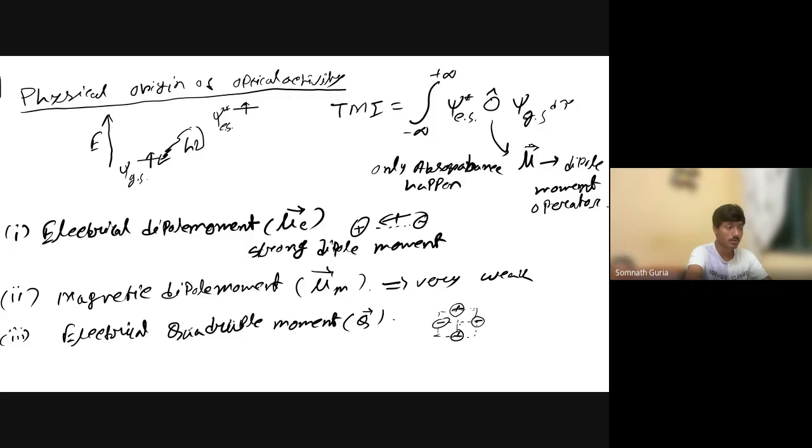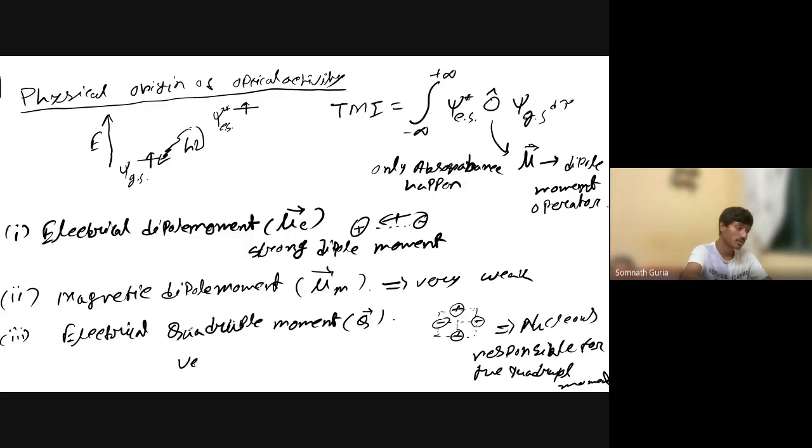This is the quadrupole moment. We find it in a nucleus. The nucleus is mainly responsible for this quadrupole moment. This is also a very weak moment.